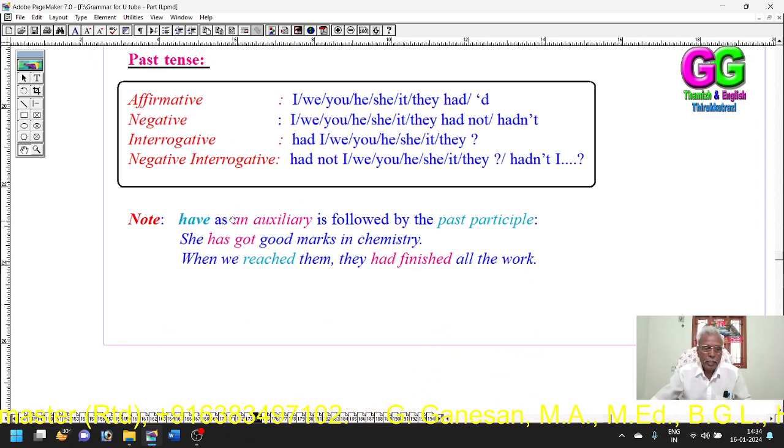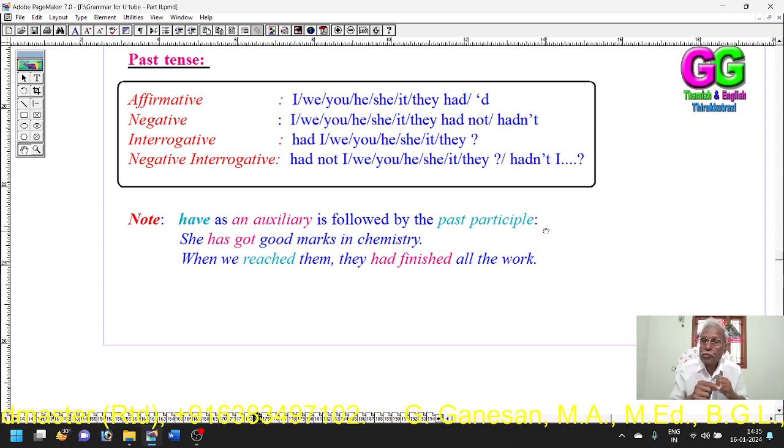Note: have as an auxiliary is followed by the past participle. Dear students, when have is used as an auxiliary, a past participle alone should follow it.